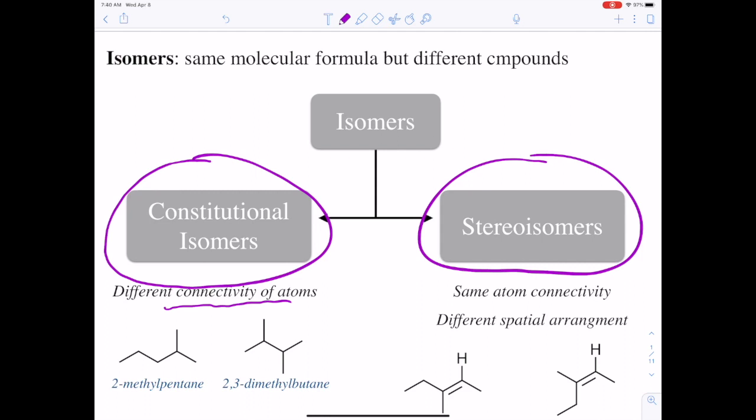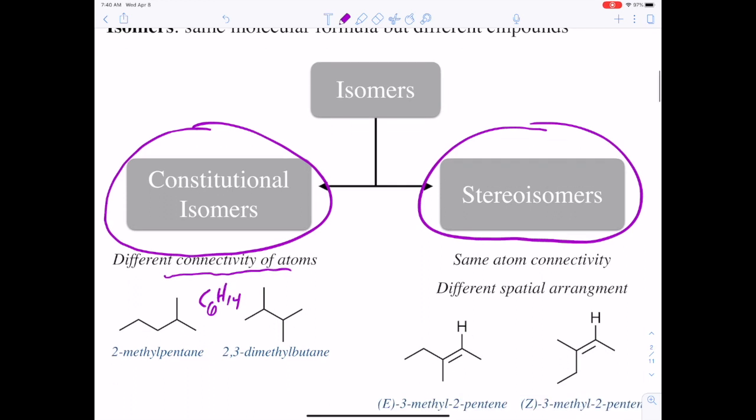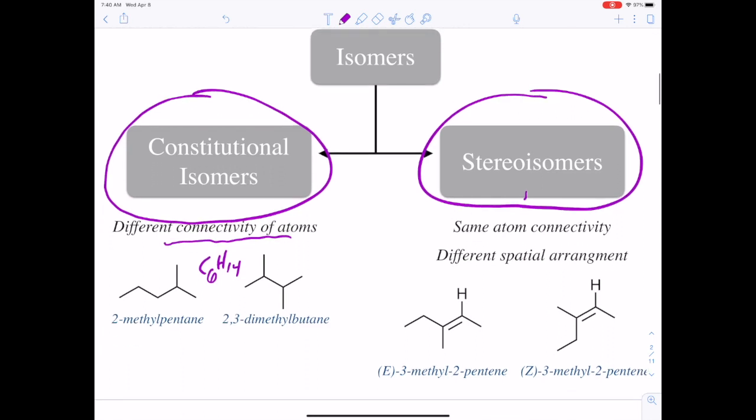So 2-methylpentane and 2,3-dimethylpentane both have the formula C6H14, yet they are not the same. They are not connected the same. If we look at these two alkenes on the right, they are stereoisomers.